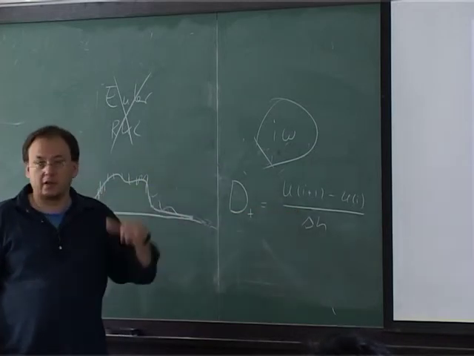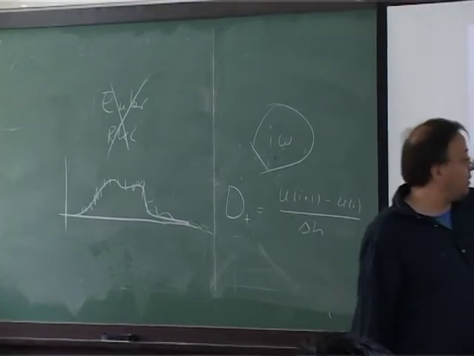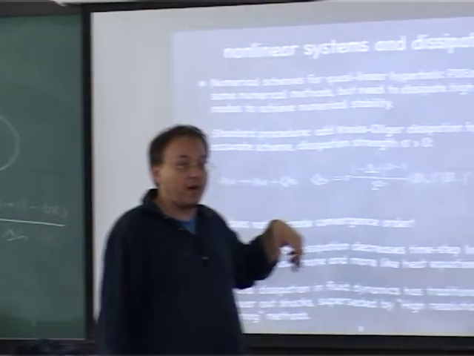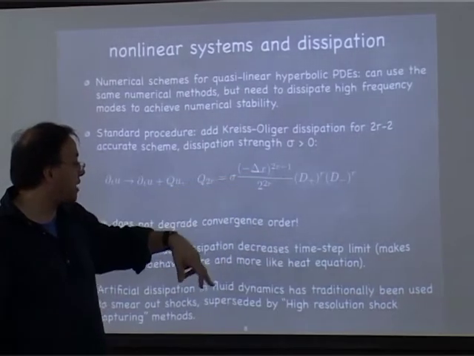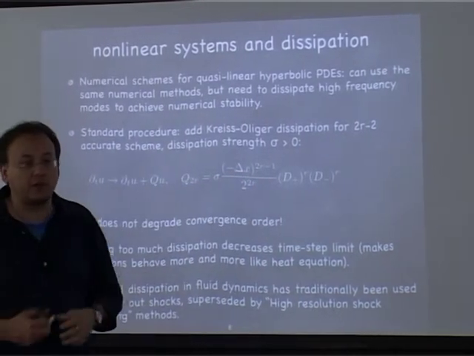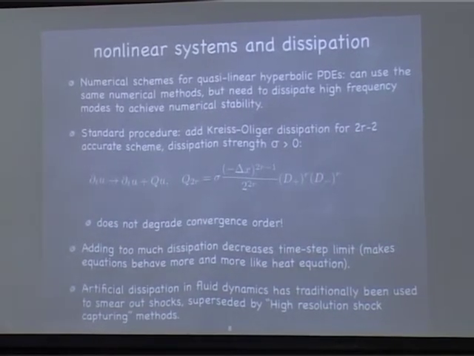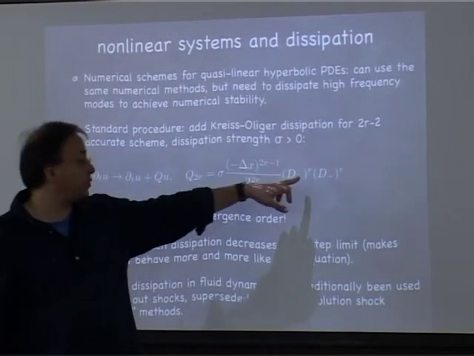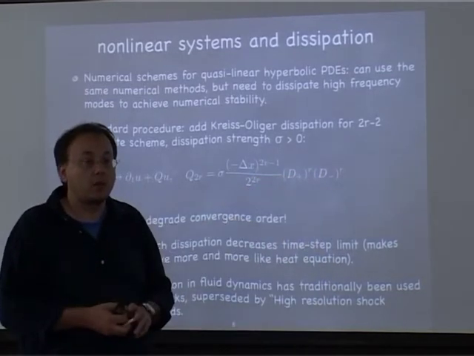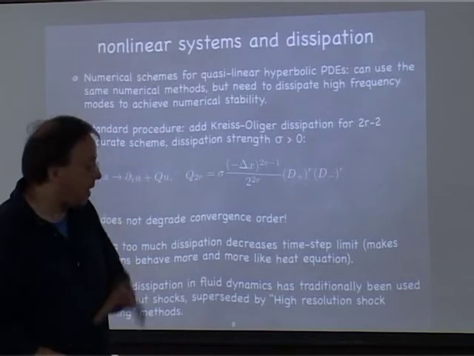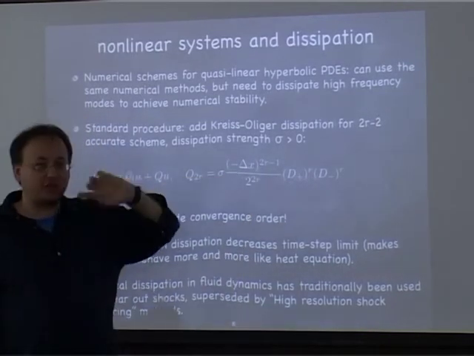D minus is the other one, the difference in the other direction. So this is some derivatives to the power of r times delta x to some other power of r with some extra normalization factor. What is r? R is the order to which we want to do that.